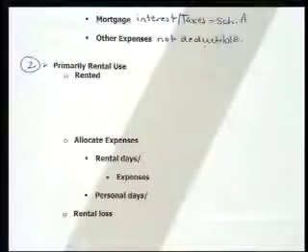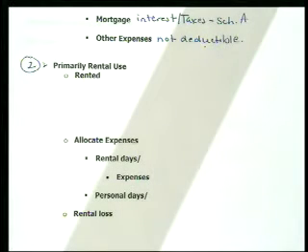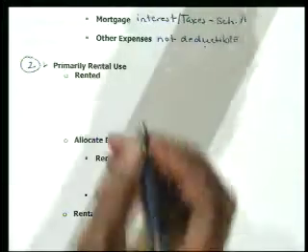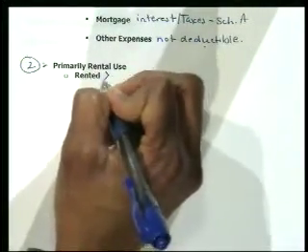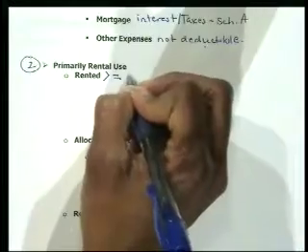Okay. What qualifies property as primarily rental use? This is when it's rented for greater than or equal to 15 days.